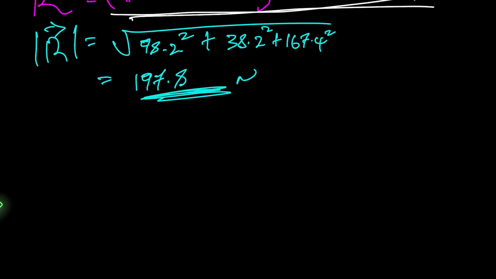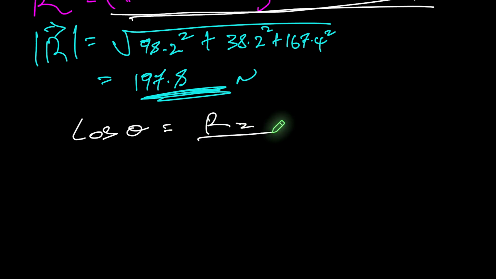The last thing we're going to do here is find the angle that the resultant makes with the z-axis, as you're typically required to find the direction, the angle, and the magnitude of the resultant. To find the angle with the z-axis, we compare the component to the total magnitude. This will simply be cos theta equals the z component of the resultant over the magnitude of the resultant.